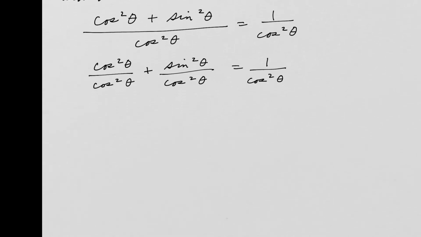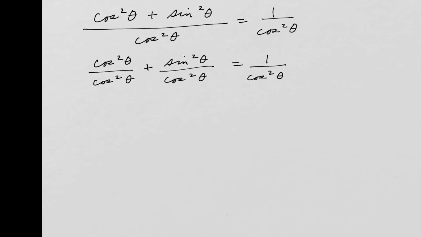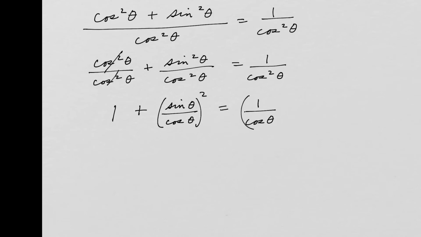If you want, you can further break this down. Well, first of all, cosine squared over cosine squared, these are going to cancel. This is just 1. You can think of this as sine of theta over cosine of theta all squared. And I can think of this as 1 over cosine of theta all squared, right? It's like the square of a quotient is the numerator squared divided by the denominator squared.